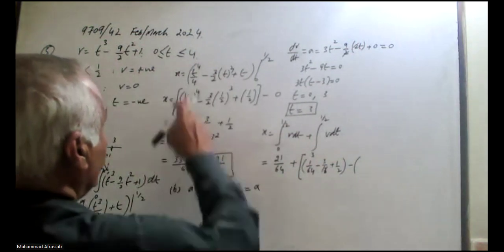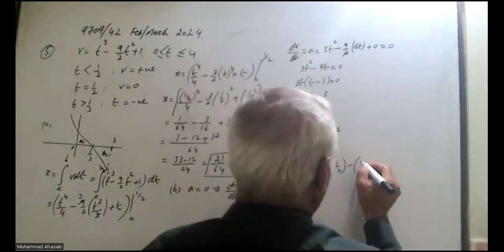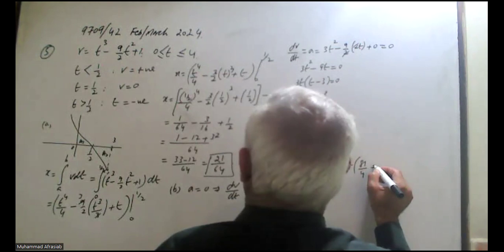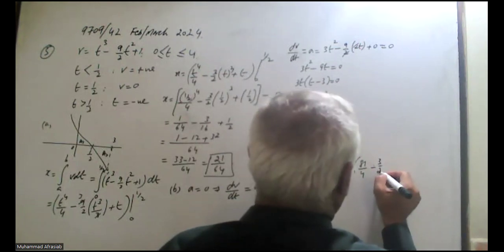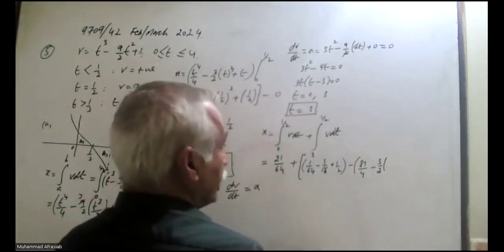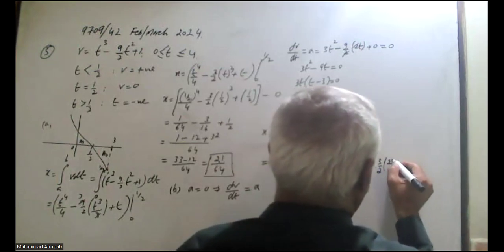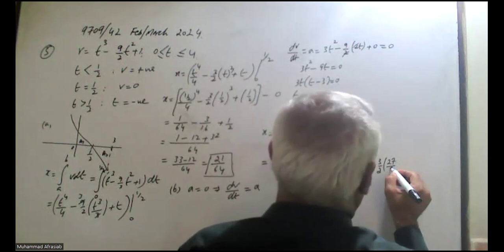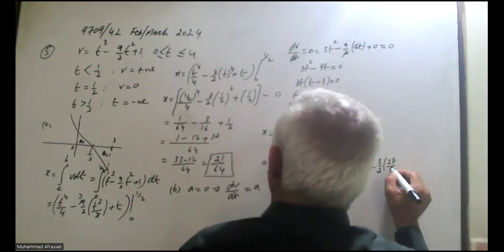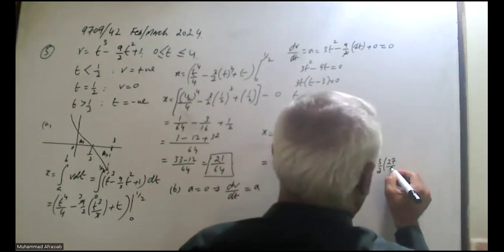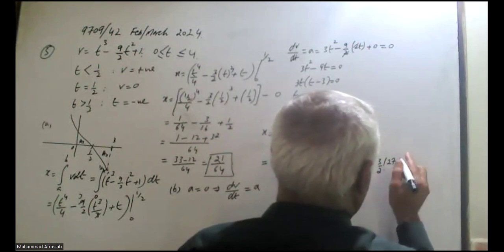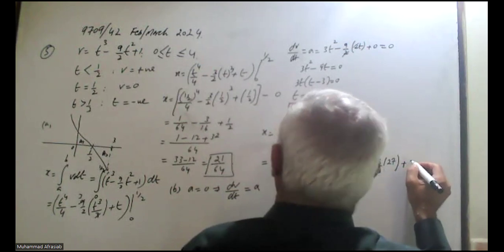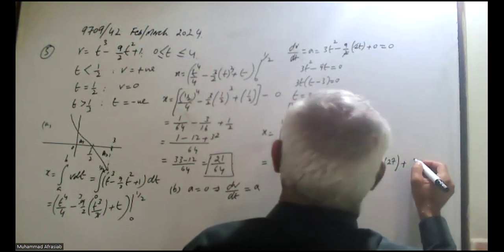So it should be 3 power 4, that is 81 over 4, minus 3 over 2 t cube, that is 3 times 27 over 2, plus t, that is equal to 3.